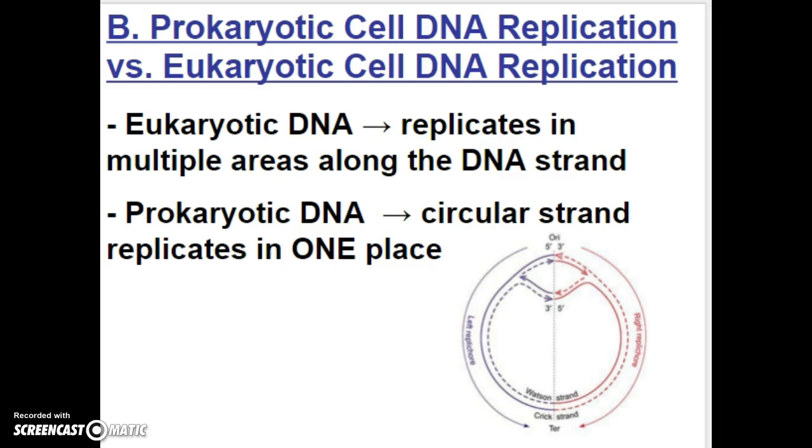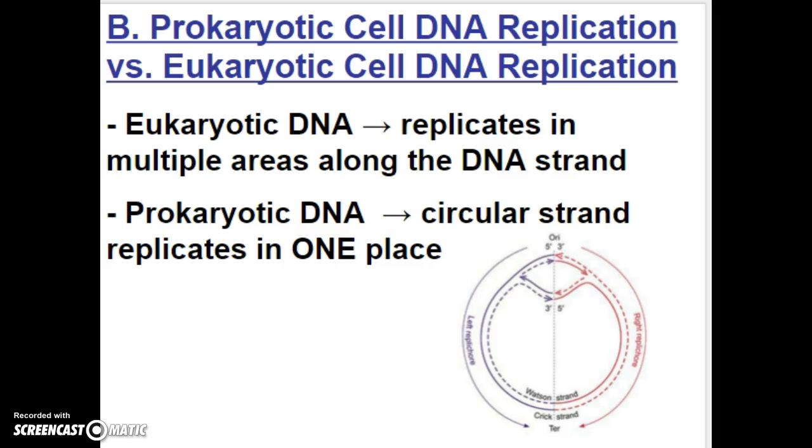Think of DNA replication like road construction. If you were going to fix the entire Interstate 90, all the way from Boston to the West Coast, it's an expansive highway, goes across the entire nation. If you were to fix that highway, you wouldn't start on the East Coast and have one crew working until it finished all the way to the West Coast.